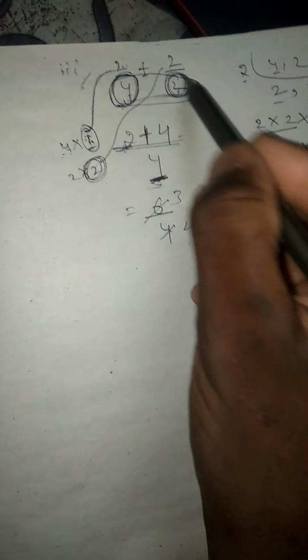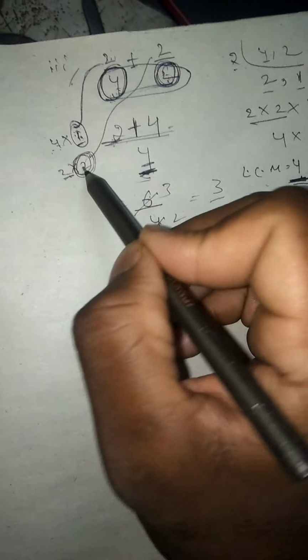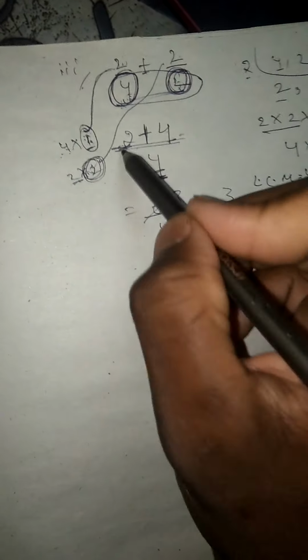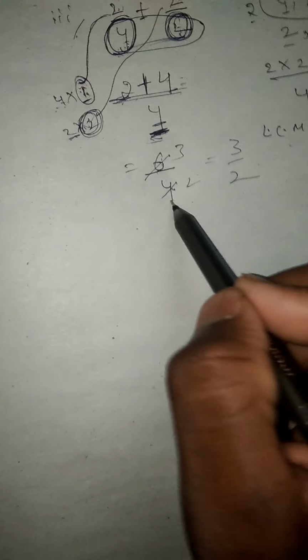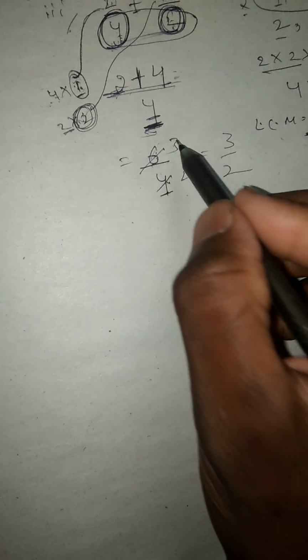Now go to the second denominator 2. In the 2 table we want 4. 2 twos are 4, so we have to multiply 2 with the number above. 2 into 2, 4. 2 plus 4, 6, 6 by 4. How to cancel both the numbers? We get 3 by 2.